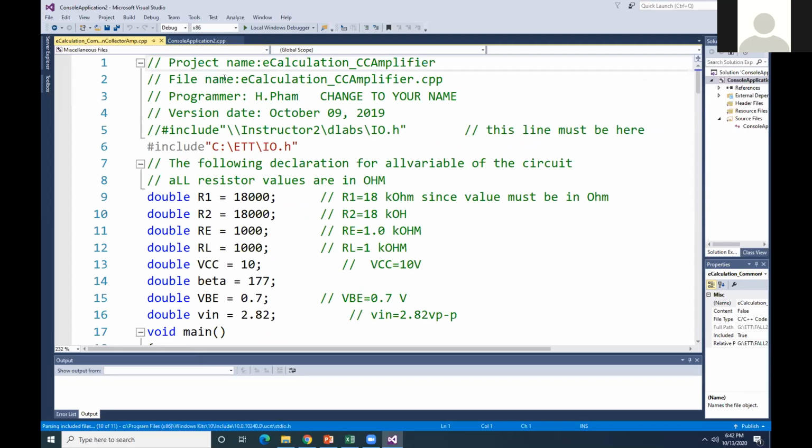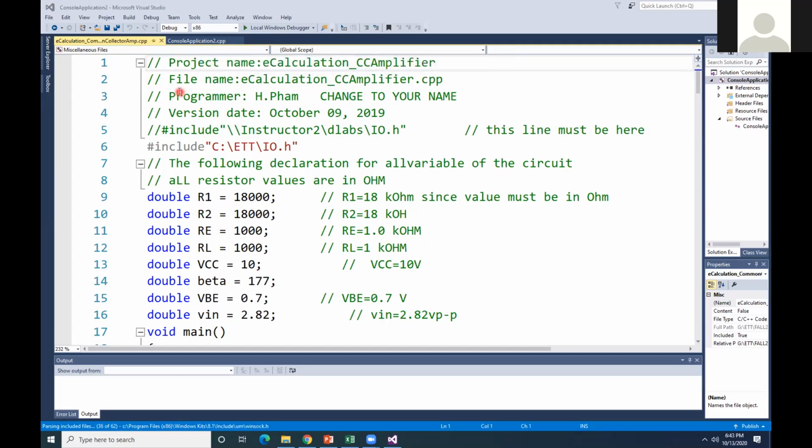Now in here you get two projects here. One is the one you just opened, and this one is your new one.